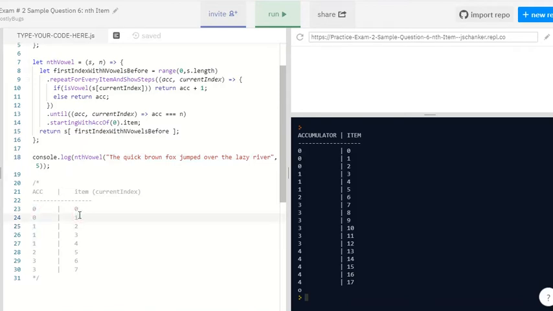Instead, because you're moving on to 2, and 2 should represent the number of vowels up to and including 2, when you're at 1, you don't want to check the character at position 1, you want to check the character at position 2. And when you're at 2, you want to check the character at position 3, etc. So how that changes it is instead of checking S of current index, you would have to check S of current index plus 1.